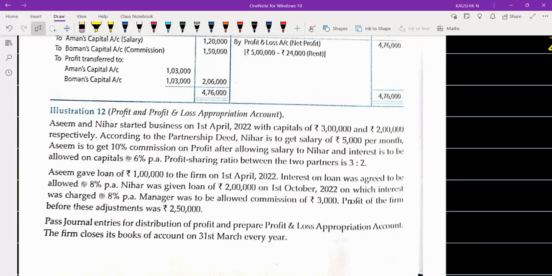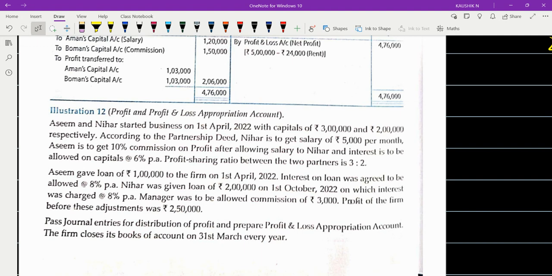According to the partnership deed, Nihar is to get a salary of rupees 5,000 per month. Asim is to get 10% commission on profit after allowing salary to Nihar, and interest is to be allowed on the capital at the rate of 6% per annum.